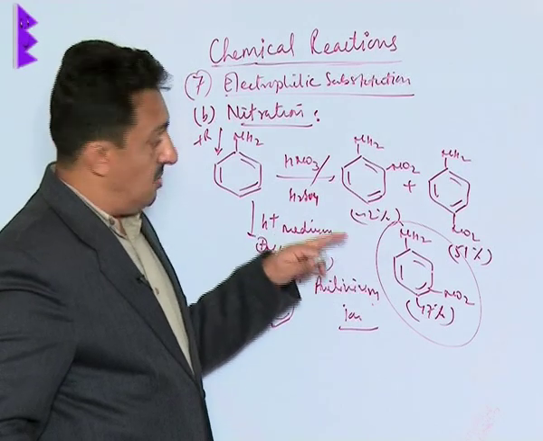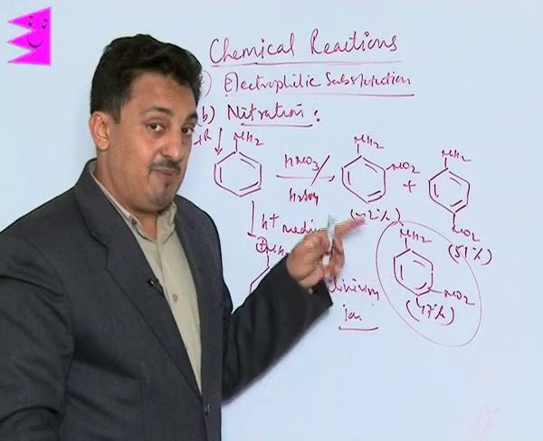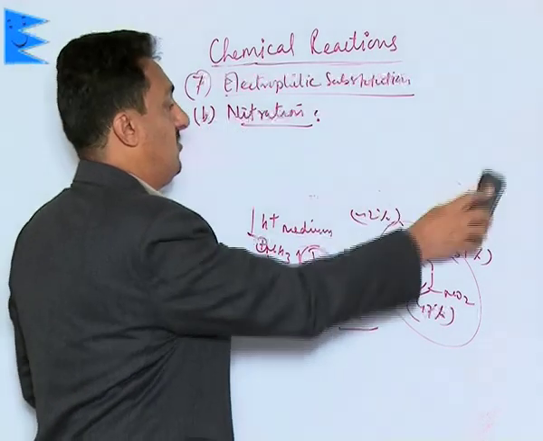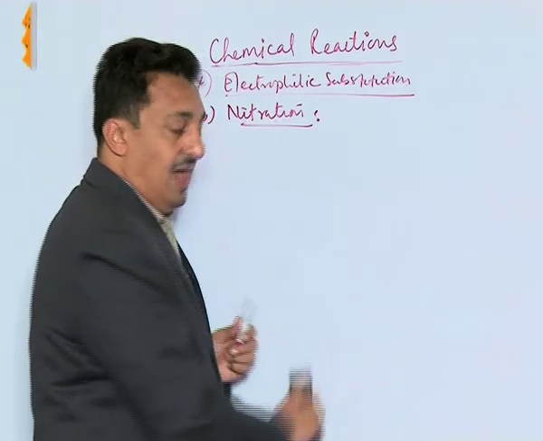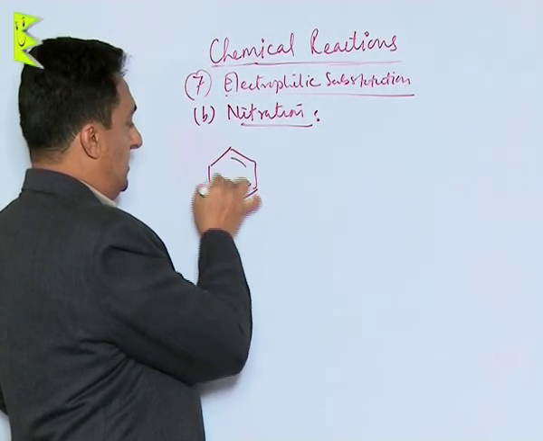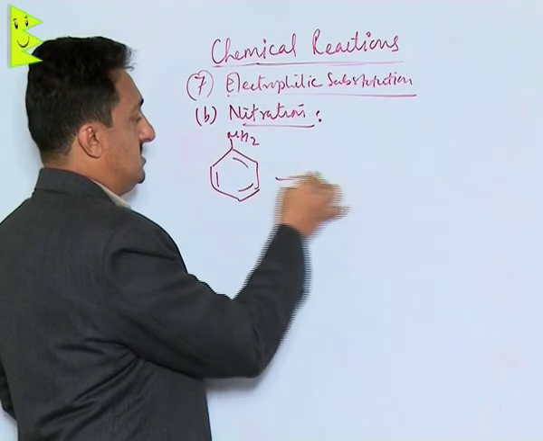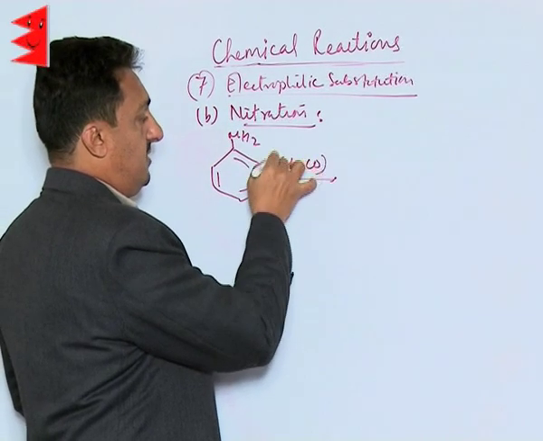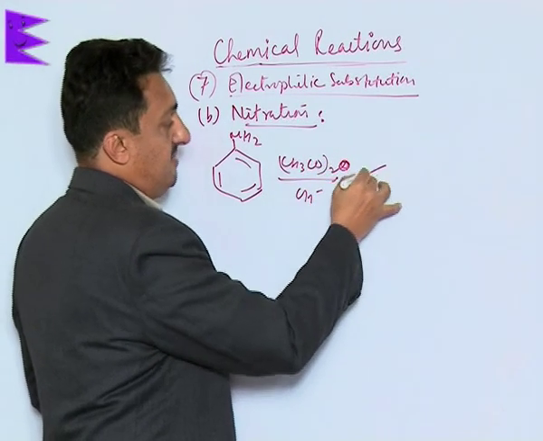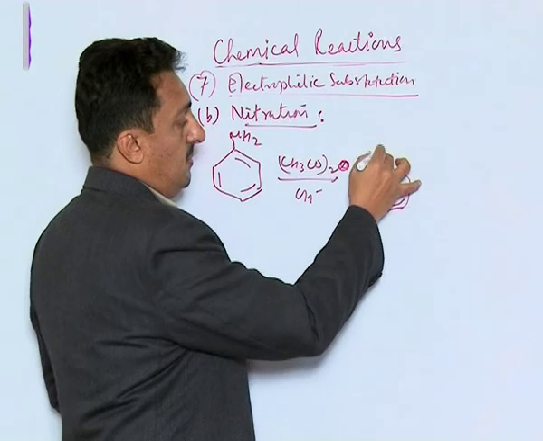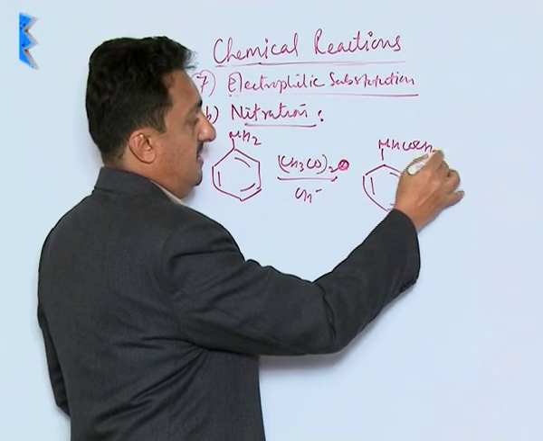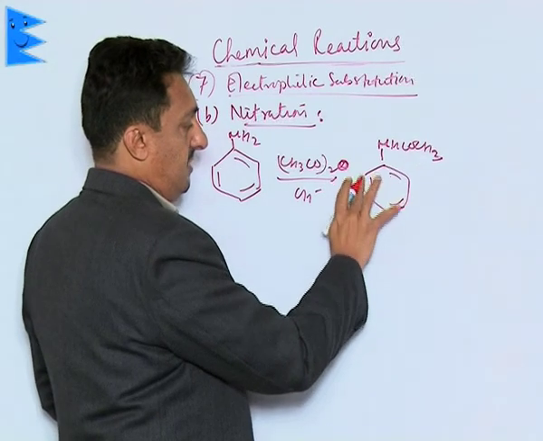Now, in order to avoid this and to get para as the major product, we have to protect the NH2 group from getting converted into anilinium ion. How can we do that? By its acylation, the same procedure: acetic anhydride in the presence of a base will convert it into acetamide, or acetanilide, you can say in the other language.